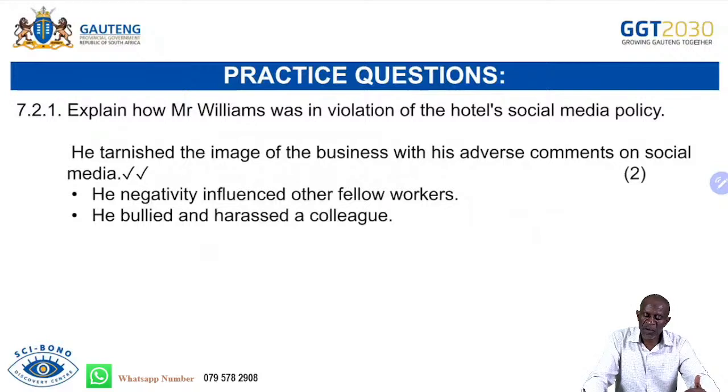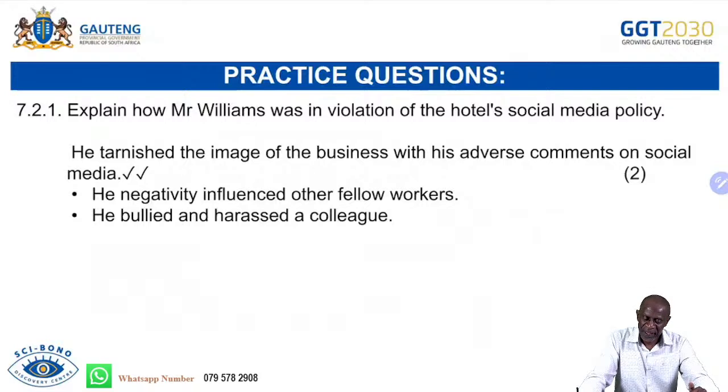7.2.1, explain how Mr. William was in violation of the hotel's social media policy. The first reason given was he tarnished the image of the business with his adverse comments on social media.